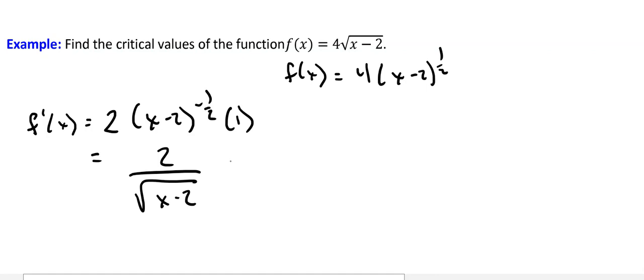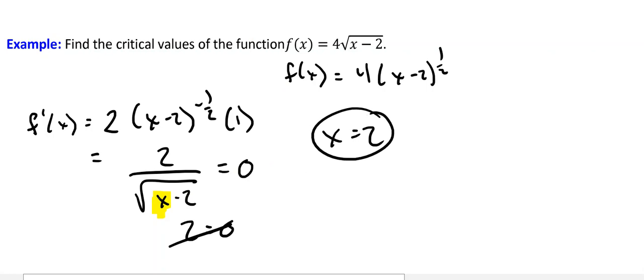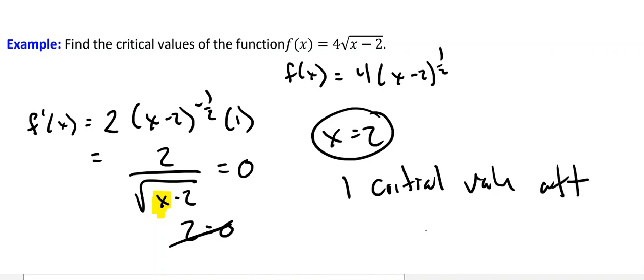If we set this equal to 0, we get 2 equals 0, which gives us nothing. However, we have an x in the denominator, and what value of x will cause us to have division by 0? That would be x equals 2. If x is equal to 2, we get 2 minus 2, which is 0. The square root of 0 is 0. So we have one critical point, or one critical value, at x equals 2. So that's finding critical values of a function.